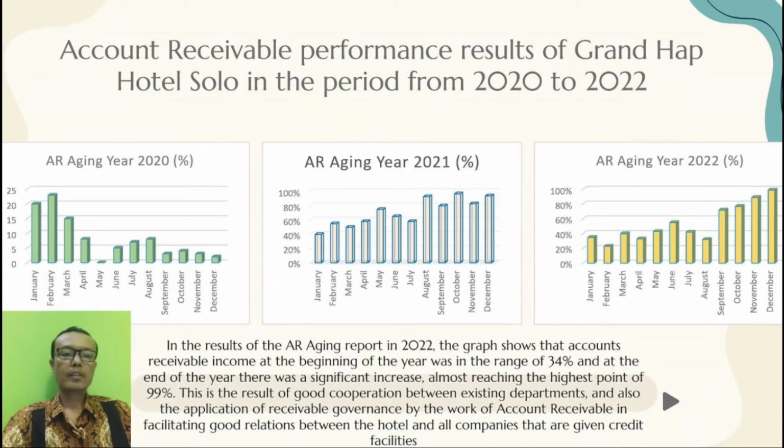And on the result of the AR aging in 2022, the graph shows that account receivable income at the beginning of the year was in the range of 34%, and at the end of the year there was a significant increase, reaching a high point of 99%.